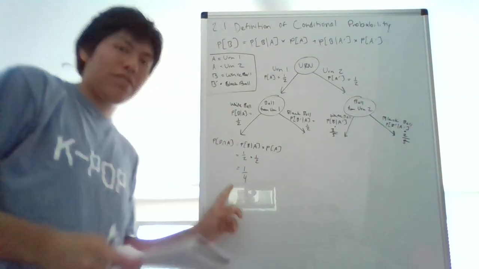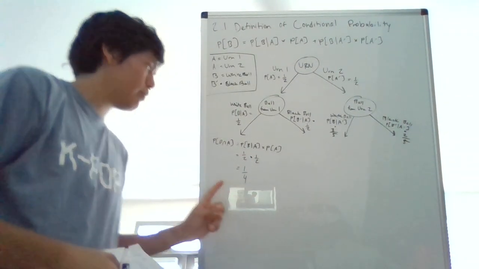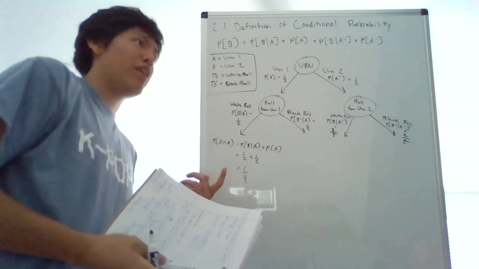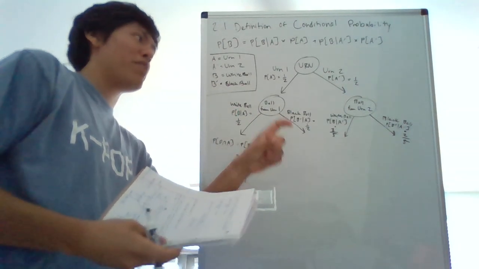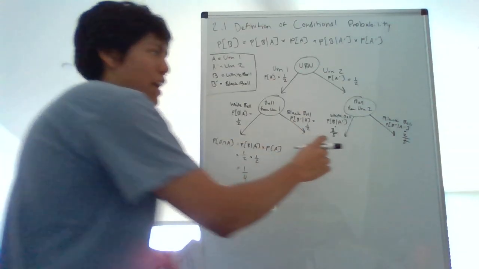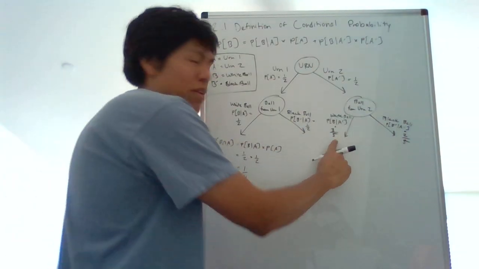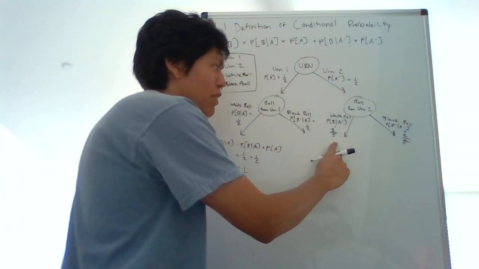All right, so this is only half of the equation, because now we have to look at, well, what if we chose urn 2 and we picked up a white ball? And that's this scenario right here where we got 3/5.